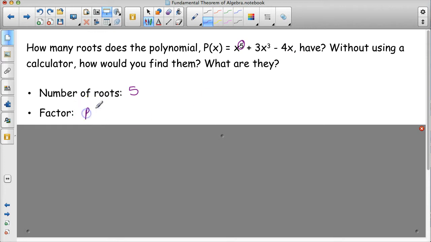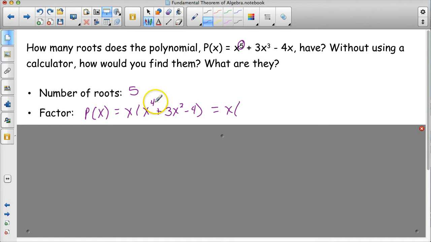So I can factor my polynomial p of x to be x times x to the 4 plus 3x squared minus 4. Okay, it's factored, but it's not factored down to its prime factors, so I'm going to have to factor it again. Of course, I'm not leaving out the x. That was one of my factors.